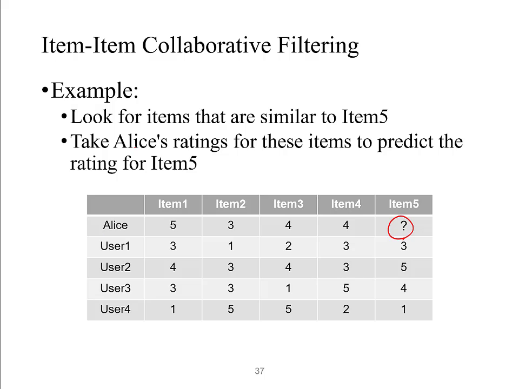We have Alice's ratings for items 1 to 4, and we want to use these ratings to predict the rating for item 5. But shall we take the ratings of all the items here? Actually, no. We only want to take the ratings for those items that are similar to item 5.